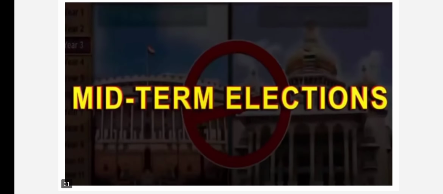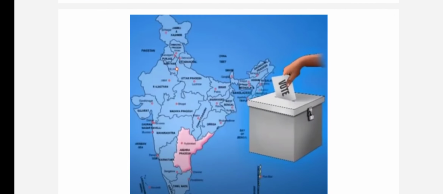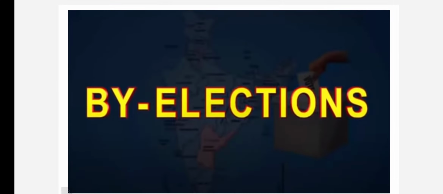At times, apart from the general elections, an election may be held for a single constituency, due to the untimely death or accident of the representative of the constituency. It is called a by-election.